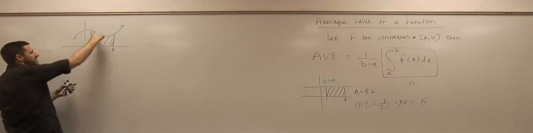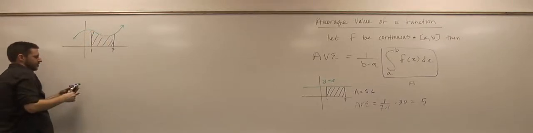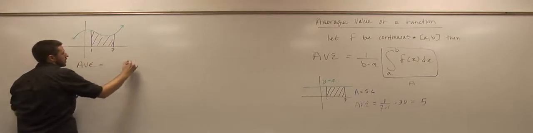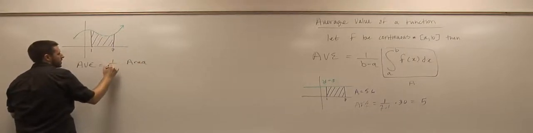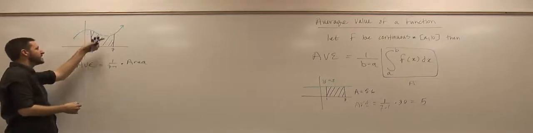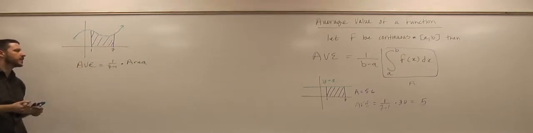So whatever that is, it'll give you the average of all these possible heights. Area times 1 over 7 minus 1. But in this case, I didn't know what the average value was beforehand, so it's a little more helpful.